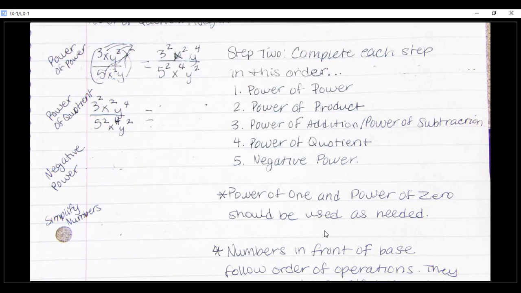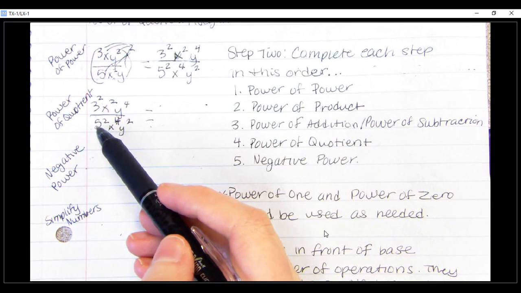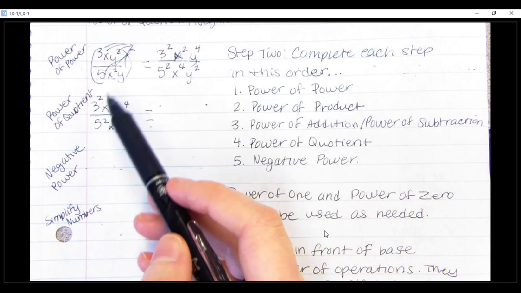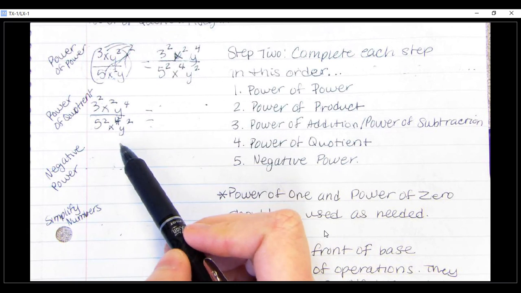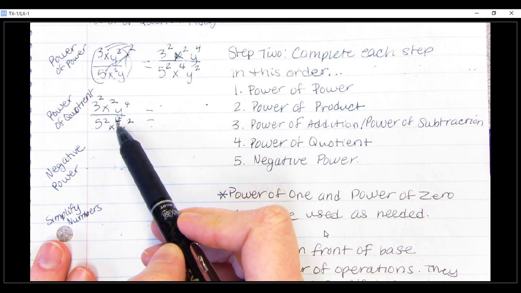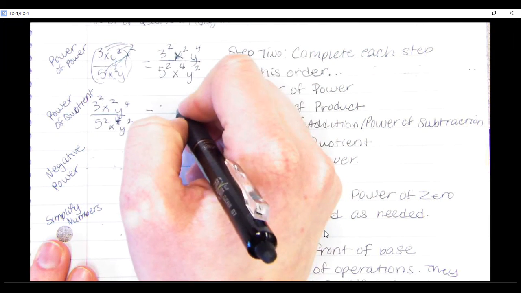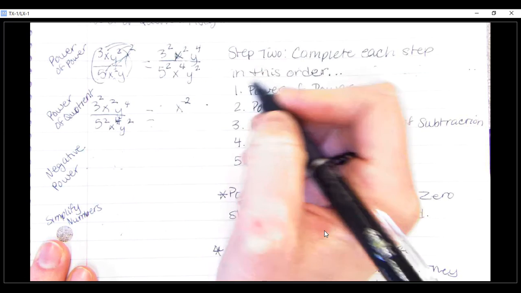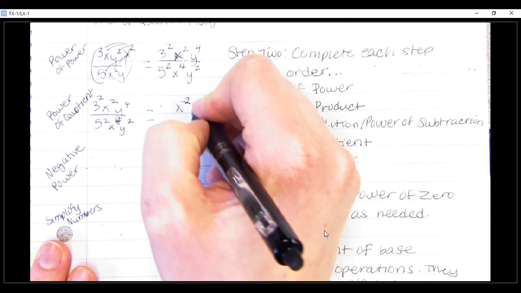If you're looking at them as bases and powers, know that 3 and 5 are not the same base, so we can't just subtract those. Instead, we're going to focus on our variables. So I have x to the second power and y to the fourth power. 2 minus 4 is going to be negative 2. And 4 minus 2 for my y's is going to be a positive 2.